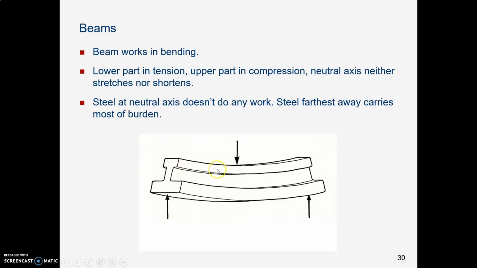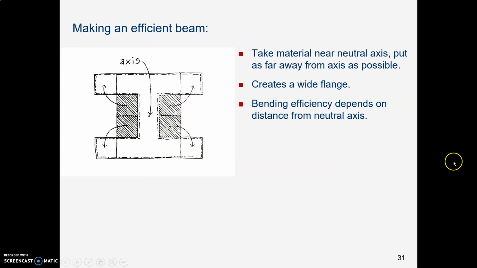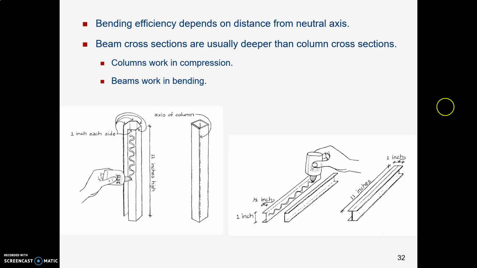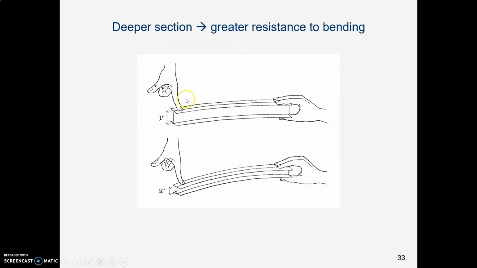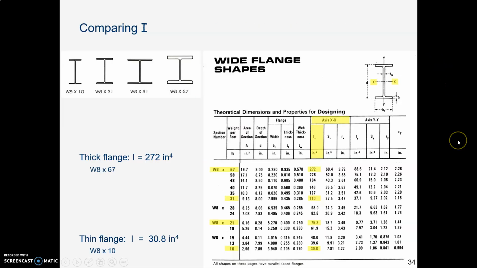So as you remember from trusses, at the top of the beam it's in compression, at the bottom of the beam it's in tension, and it's those flanges that do the work of making our beam stiff. The deeper the beam section is, the greater the moment of inertia because you've got material moved out away from the center. So let's look at this last slide.